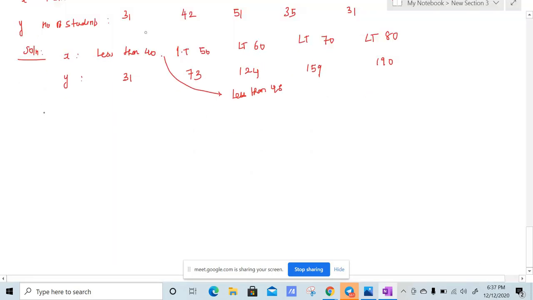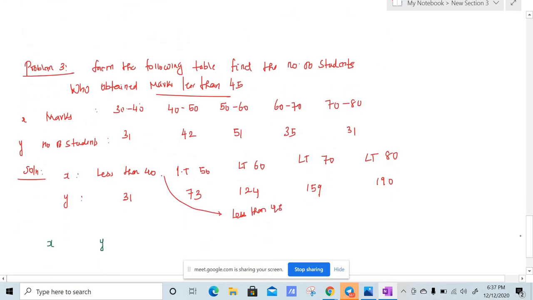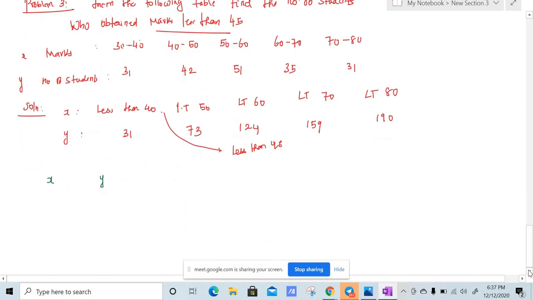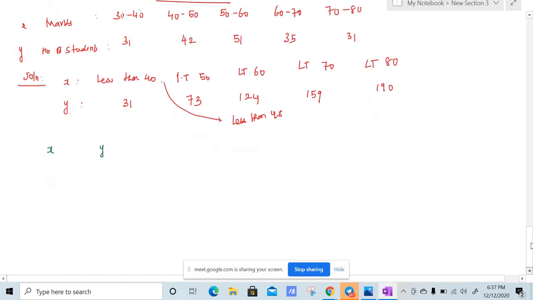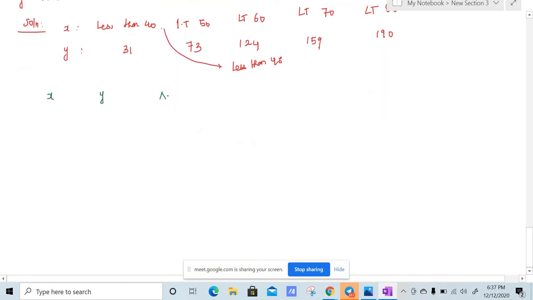Now we'll form the difference table. Whenever you are given a class interval, you need to find the cumulative frequency, and then you can carry on by the previous method. So x, y, del y, del square y, del cube y, del power 4 y.